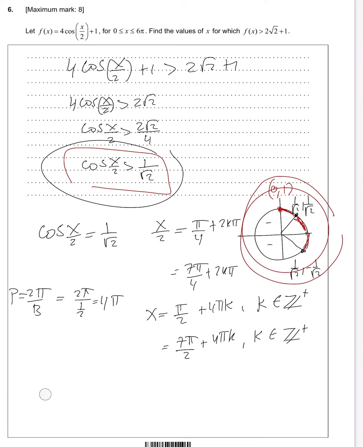The values for x would be from 0 to pi over 2, and 7 pi over 2 to 9 pi over 2.